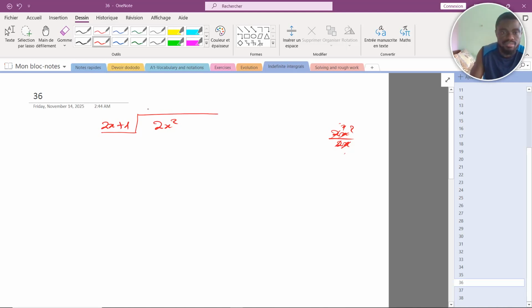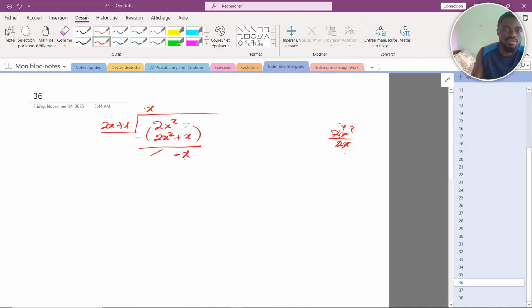The answer is simply x. So x times this gives 2x squared. This x times this will give plus x. So when I subtract, this 2x squared goes, and there is a 0 here. 0 minus x, this will give minus x.